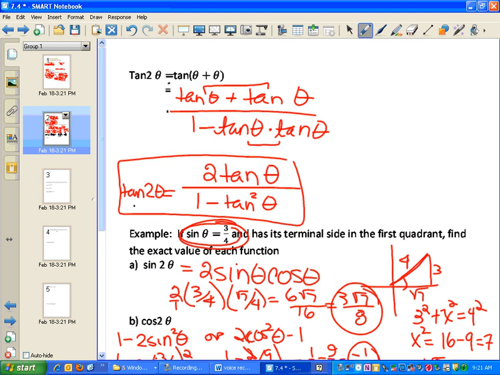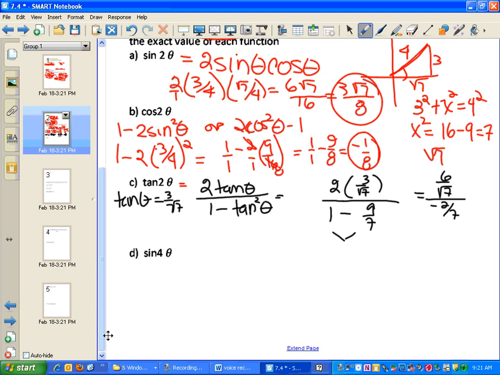Well, but this doesn't help me. Tangent of theta plus theta, I have to use my summation identity, which gives me this. So this is the formula that I have to use. This is equal to this. This is the formula that I want you to memorize. And that's the one I want you to use. I will at the end. I will. I'm not done yet.